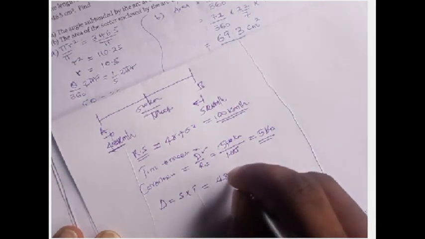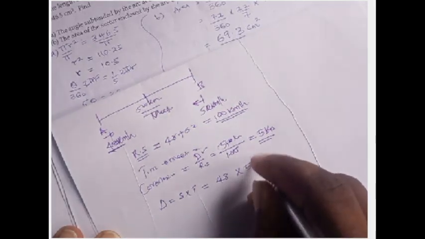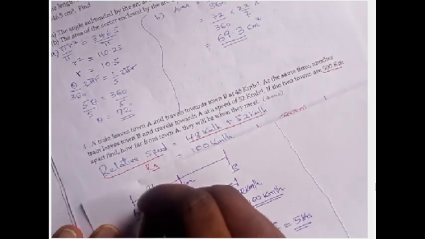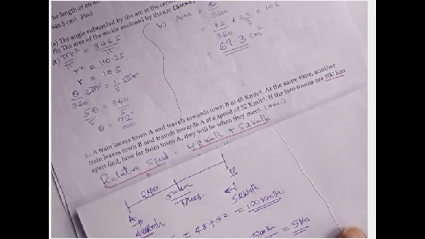So speed is 48 times time taken is 5 hours, and this one gives us 240 kilometers. So the distance from A where they will meet, the train that started from A has covered a distance of 240 kilometers.